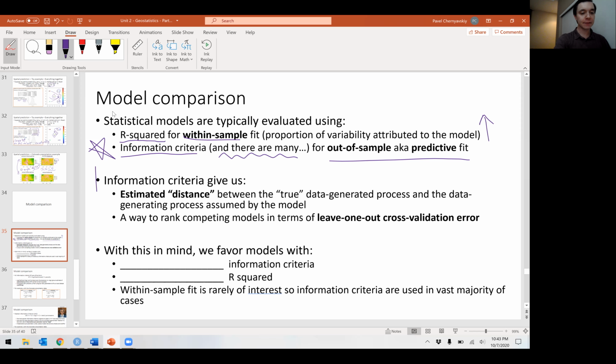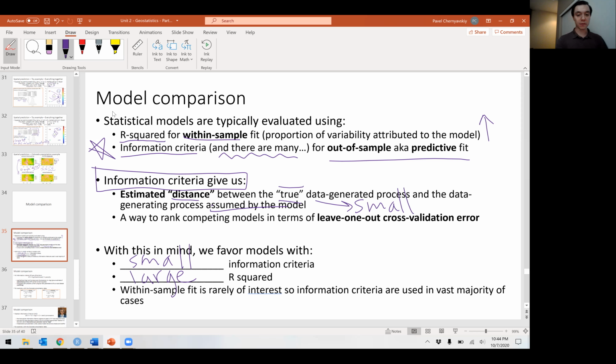It's interesting because the information criteria is essentially the distance between the truth and what our model thinks. And since we want to be closer to the truth, we pick a model with smaller information criteria and large R squared. Right? So information criteria, estimated distance between the true data generating process and what is assumed by the model. We want this to be as small as possible, intuitively.